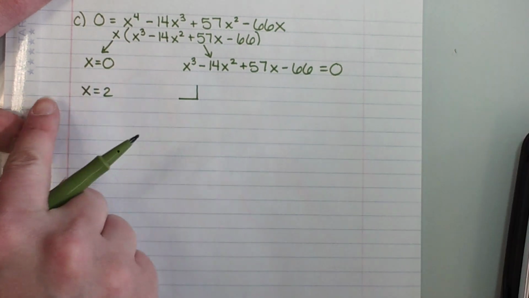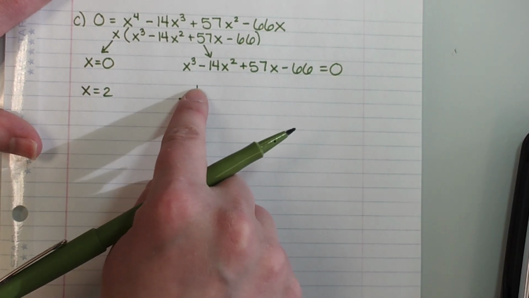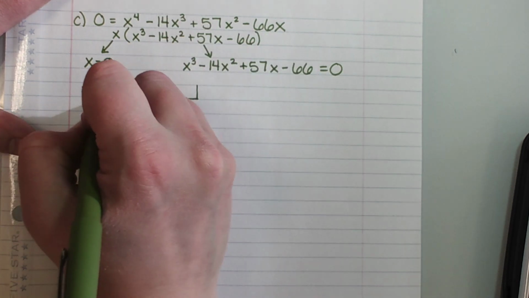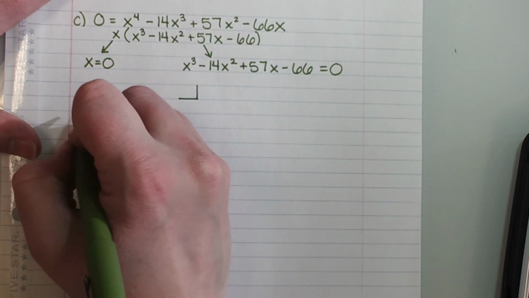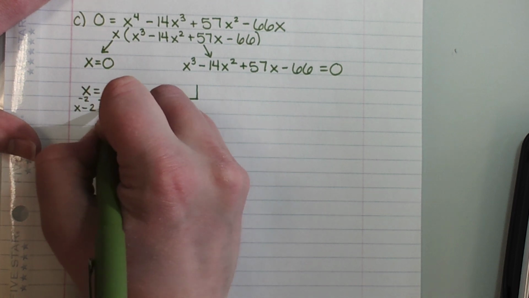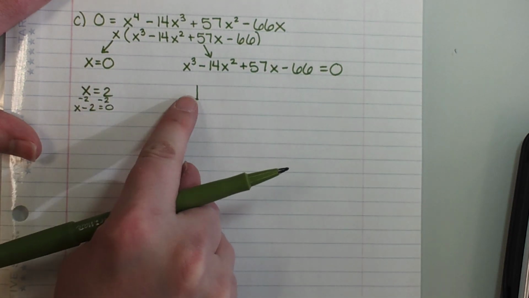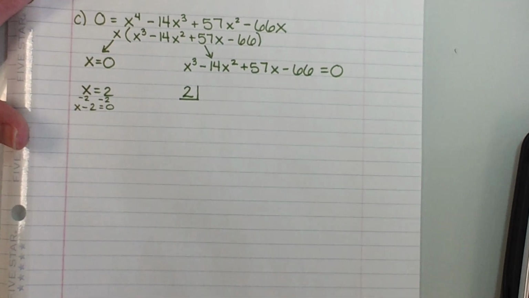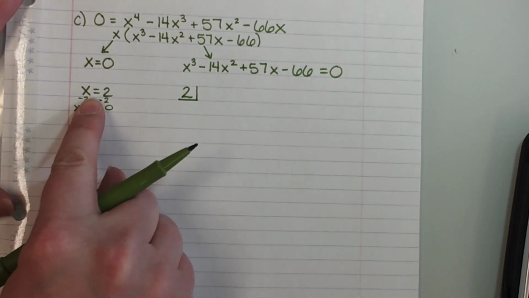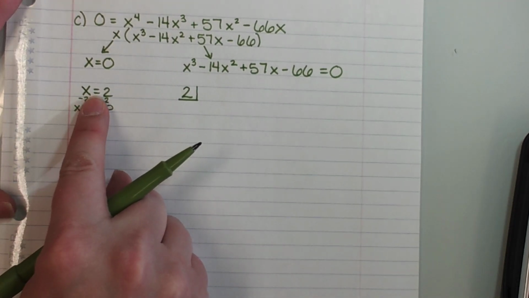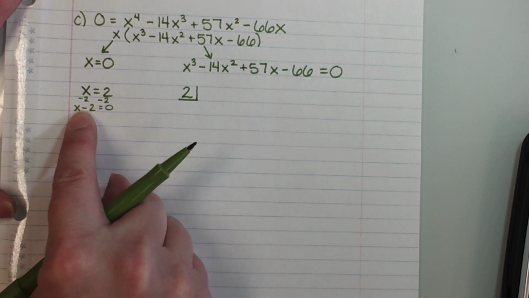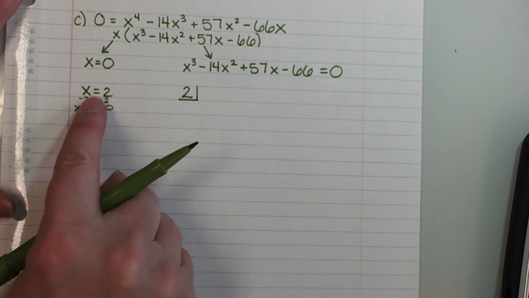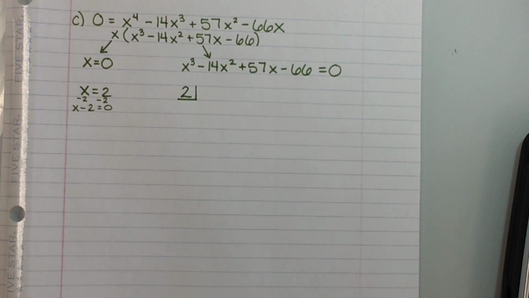But if it helps you see the factored form to plug what goes in here, do that. The factored form would have this equal to 0. It's x minus 2. If that helps you know that the number you plug in here is 2, then go ahead and do that. Otherwise, you can always plug in the root. Just keep in mind, you plug in the opposite of the factor. I don't want you getting those mixed up.